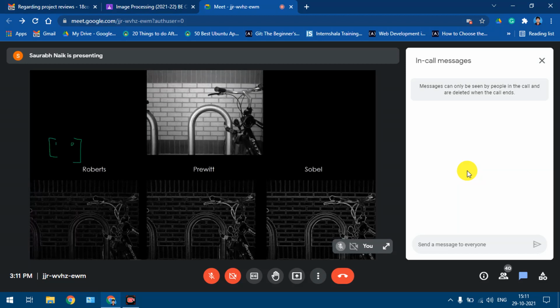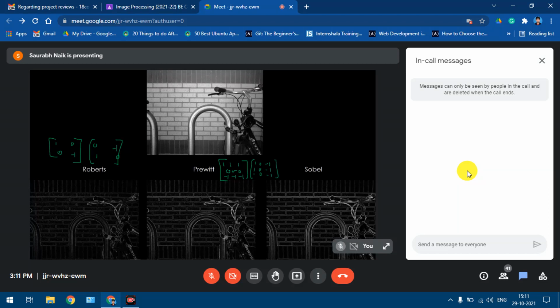Okay, 1 0 0 minus 1, and 0 minus 1 1 0. For Prewitt, it is 1 1 1 0 0 0 minus 1 minus 1 minus 1, and 1 0 minus 1 in each row.